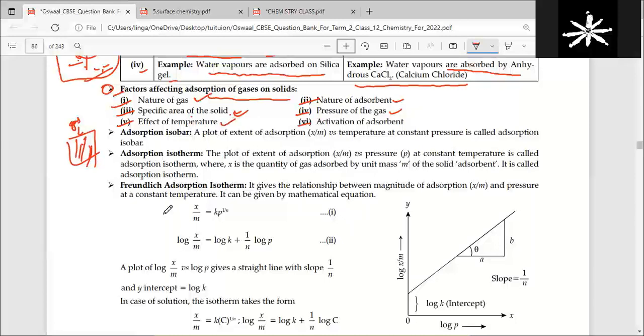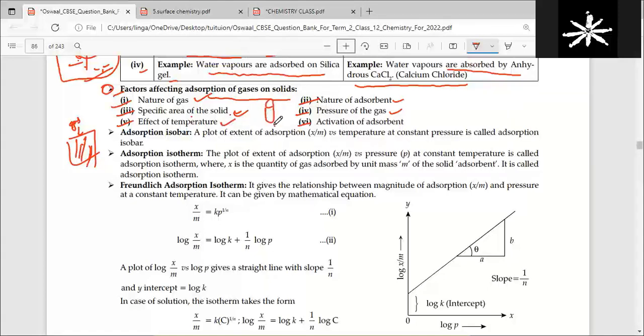Effect of temperature: if I increase the temperature, will the gas be adsorbed or dissolved? Does desorption take place or adsorption take place if I increase the temperature? Simply, a cooling bottle is there.